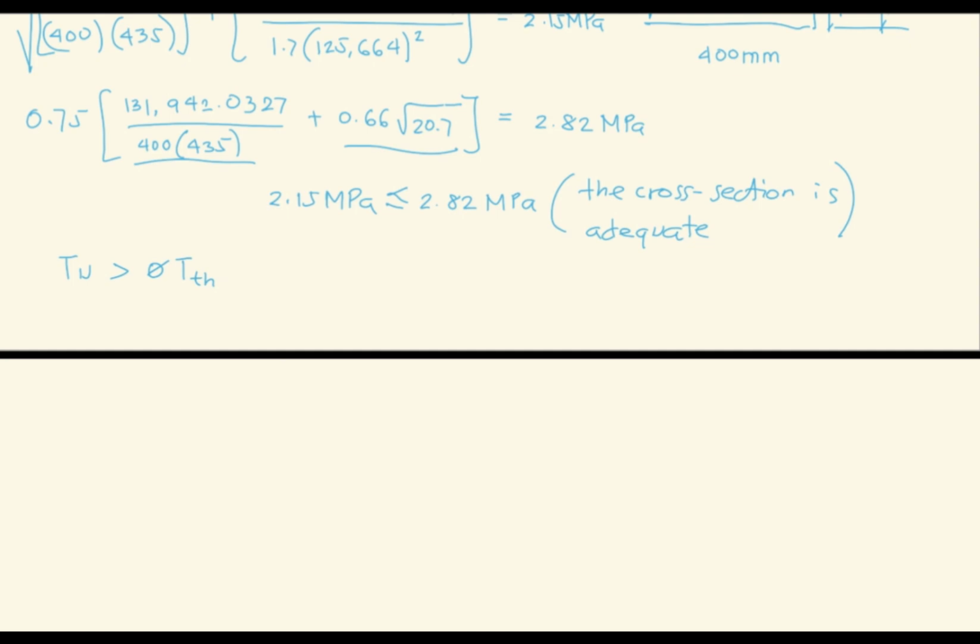If this relationship is satisfied, then a reinforcement for torsion is necessary. The threshold torsion TTH is equal to 1 over 12 multiplied by lambda times the square root of FC prime, ACP squared divided by PCP.